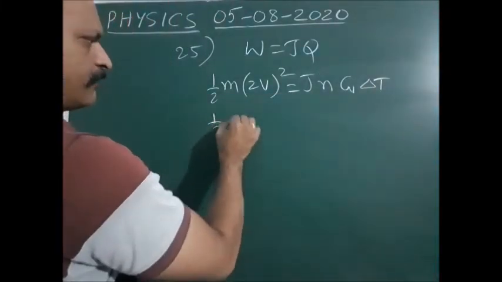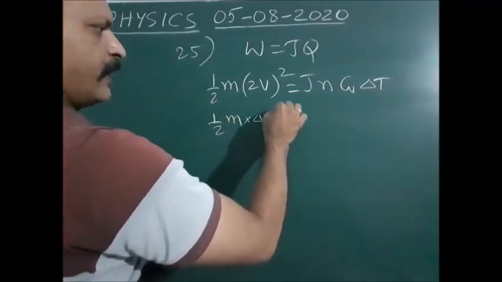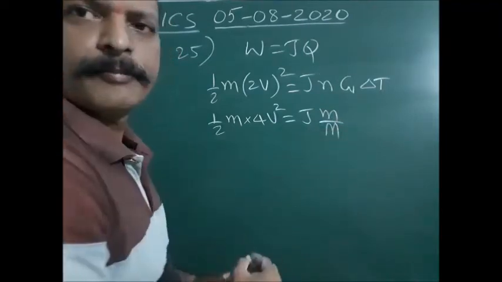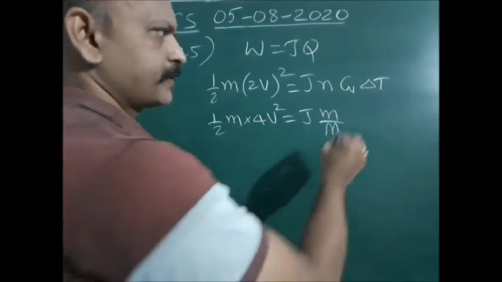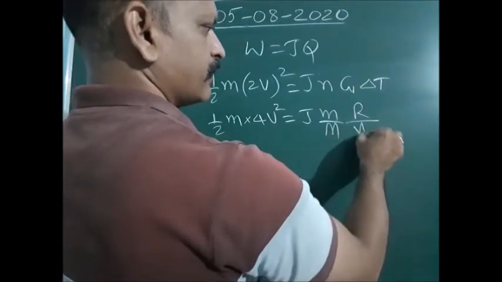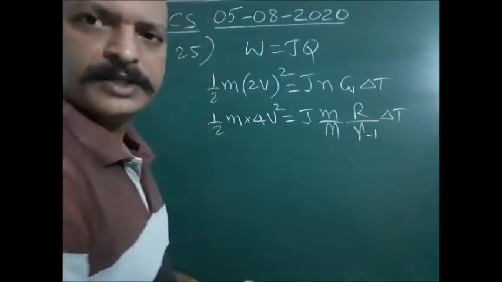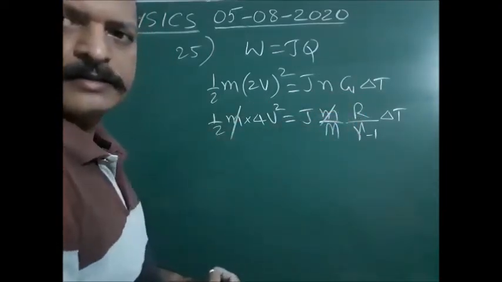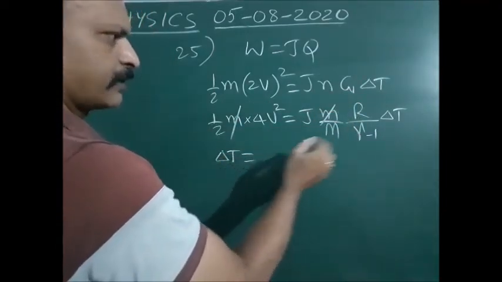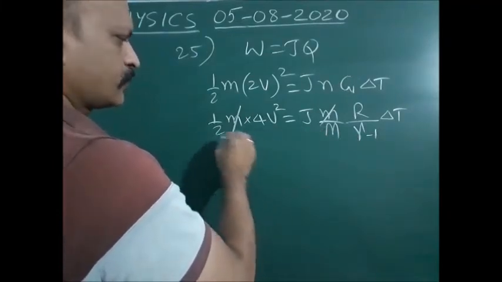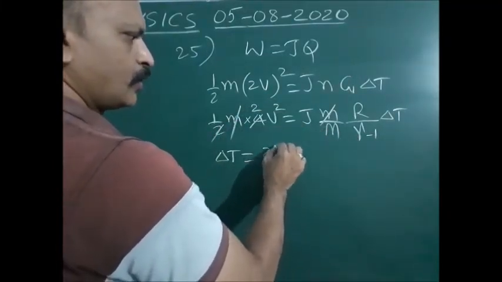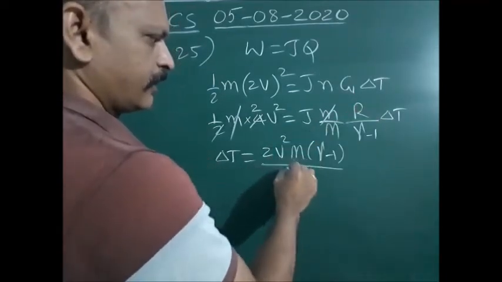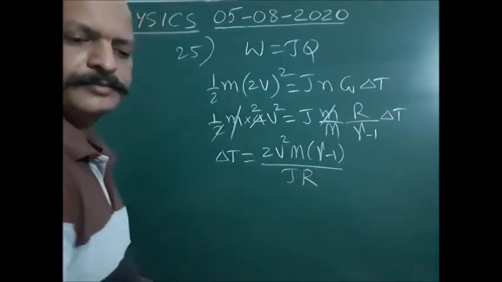So this is half m into 4v square equals J into n, which can be written as m by capital M in gram molecular weight terms, Cv is R by gamma minus 1, into delta T. Then on both sides m gets cancelled. Delta T equals, this is also 2 times, 2v square capital M into gamma minus 1 by J into R.